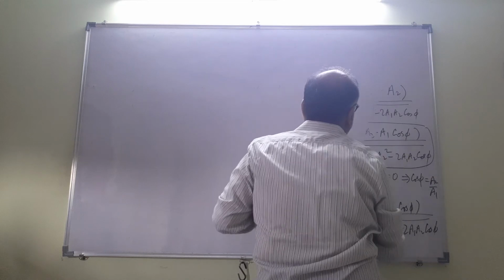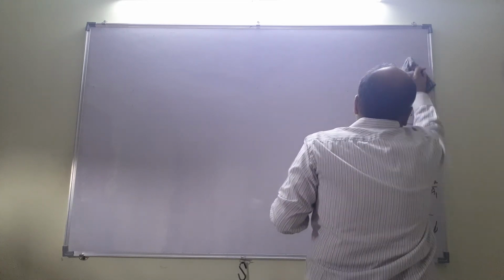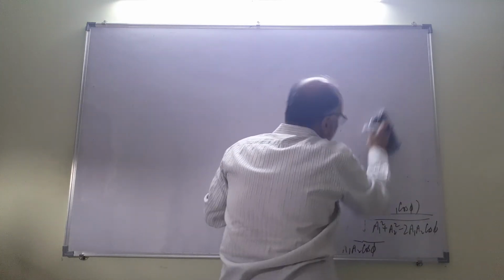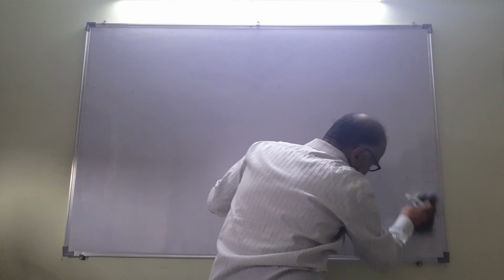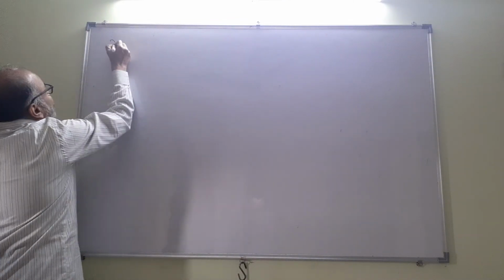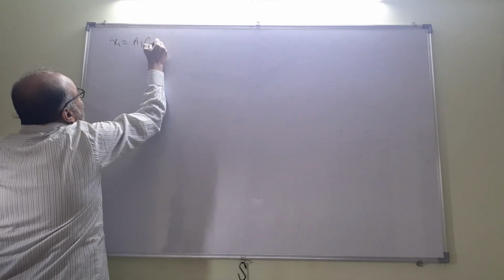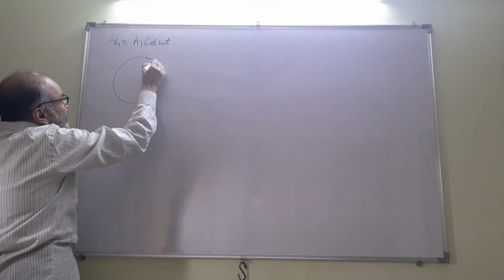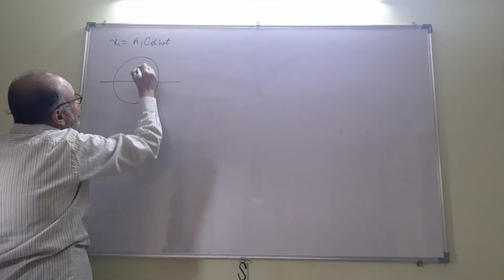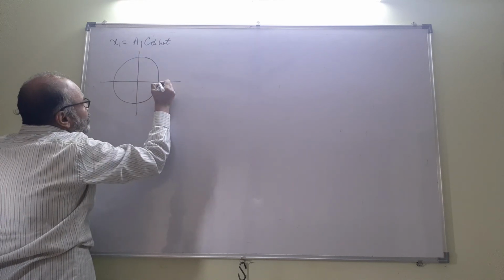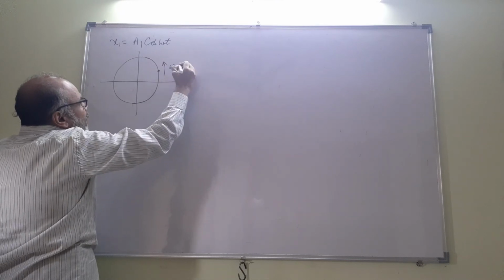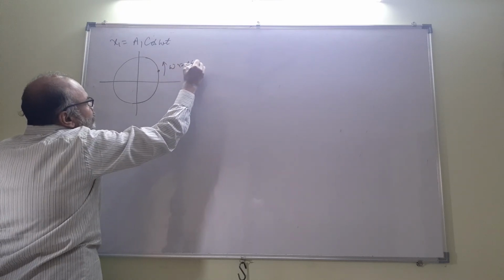So I will take x1 is equal to a cos omega t, the first SHM. So if I take x1 is equal to a1 cos omega t, what I shall do is I shall draw a circle of radius a1 and take a particle which is rotating in the anti-clockwise sense at an angular velocity of omega radians per second.